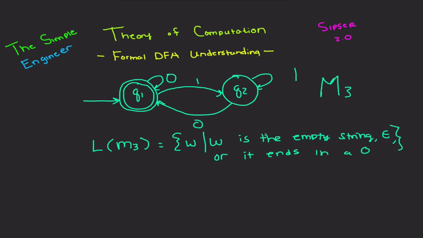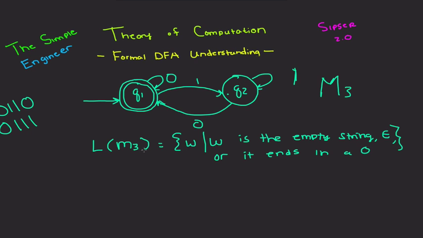Or, as you can see here, anytime that our string ends in a 0, we're going to end up at this Q1, this accepting state. If I fed in 0, 1, 1, 0, I go 0 here, I go 1 here, and then back to 0, I'm still in this final state. If I put in 0, 1, 1, 1, I'm always stuck in Q2 based on this 1. I'll never be in this accepting state.